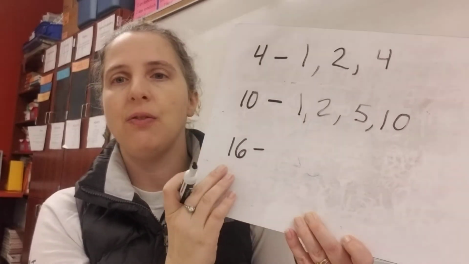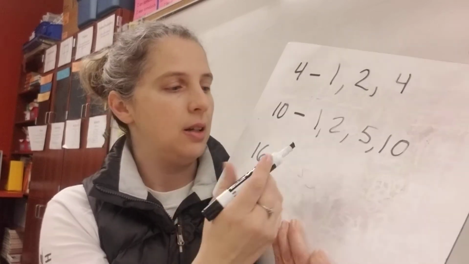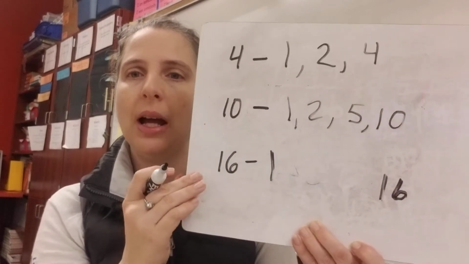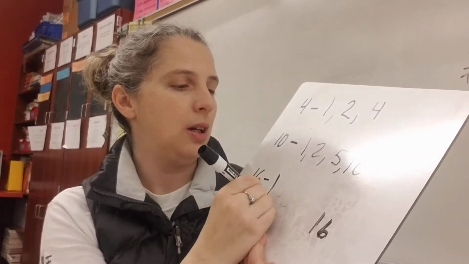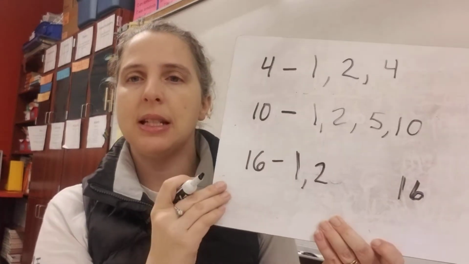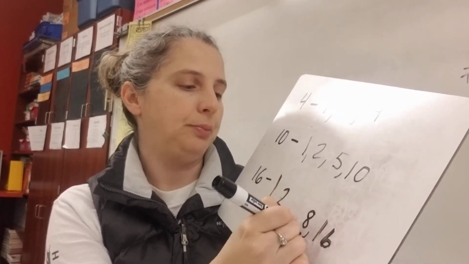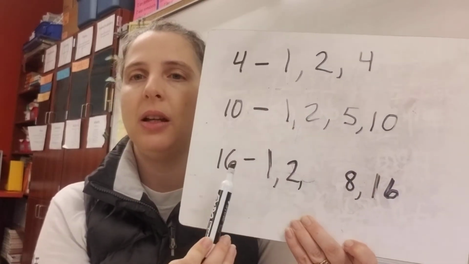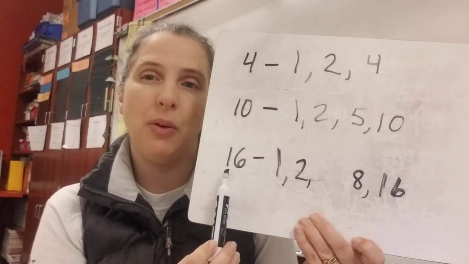So what's the very first two very obvious factors of 16? 1 and 16. What kind of number is 16, even or odd? Even, so I know 2 will work. What times 2 is 16? 8. Okay, and then I'm just going to count up from there. 3, can 3 go into 16 evenly? 3 times 5 is 15, so I wouldn't be able to make 16.